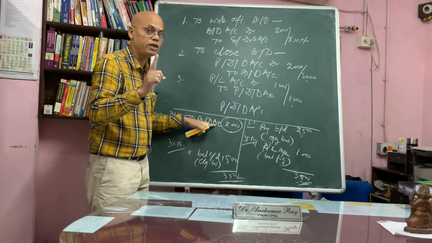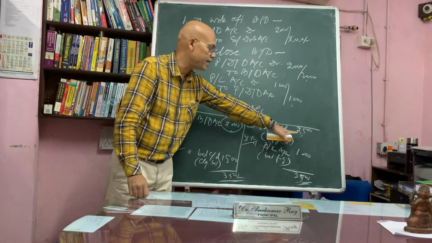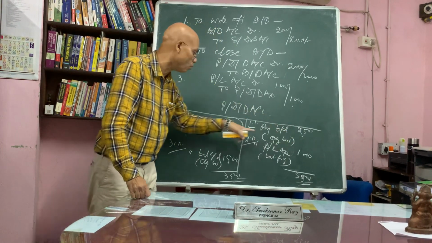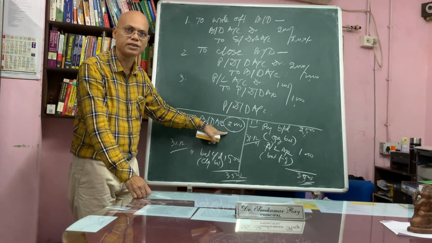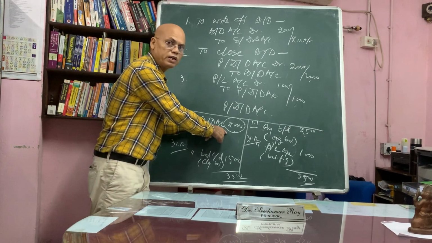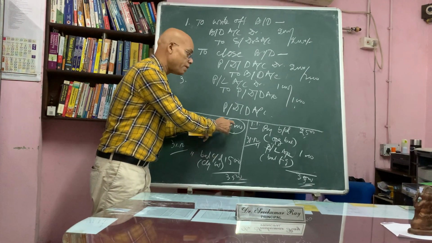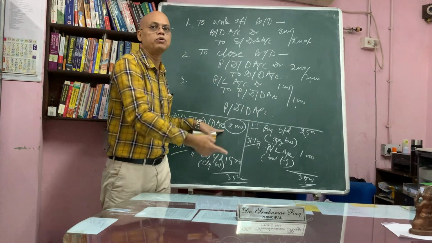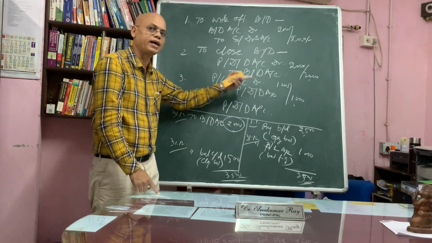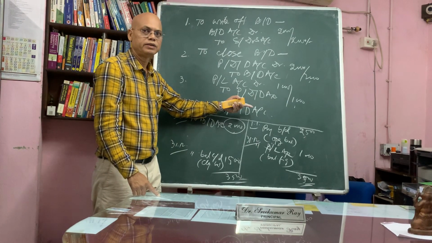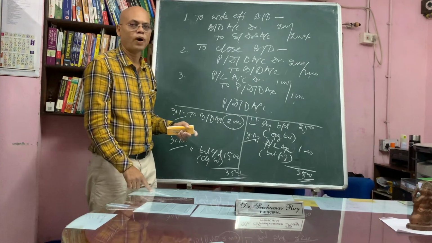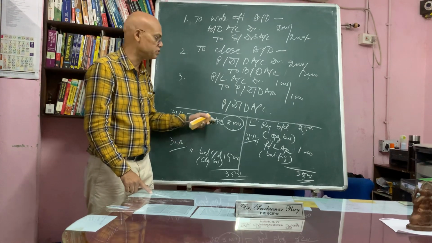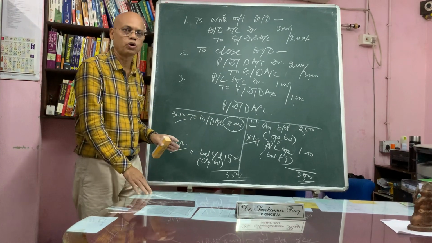The thing you have to keep in mind: you had provision 2500, but more than 2500 you cannot charge. If it were, suppose, 3000, then up to 2500 you could charge here, and 500 you would have to charge to the P&L account directly. That is the point you have to keep in mind under this method. Otherwise, this method is also okay.